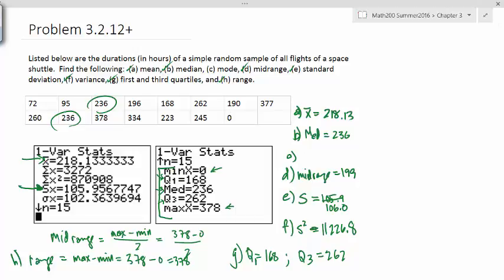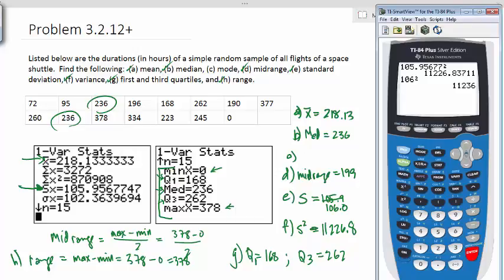So if we have our calculator and we sort our list, now how do we sort a list? Remember that our list is in L1. We can go to second function and stat, and then let's go to OPS for operations, and then SortA is what we're looking for. So let's sort A, and then let's click second function and the number 1. We're sorting L1, and then close the parentheses and hit enter.